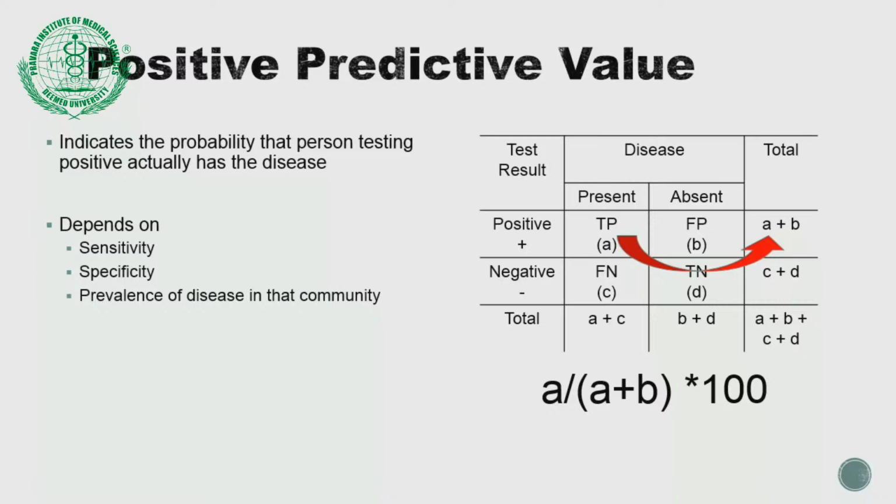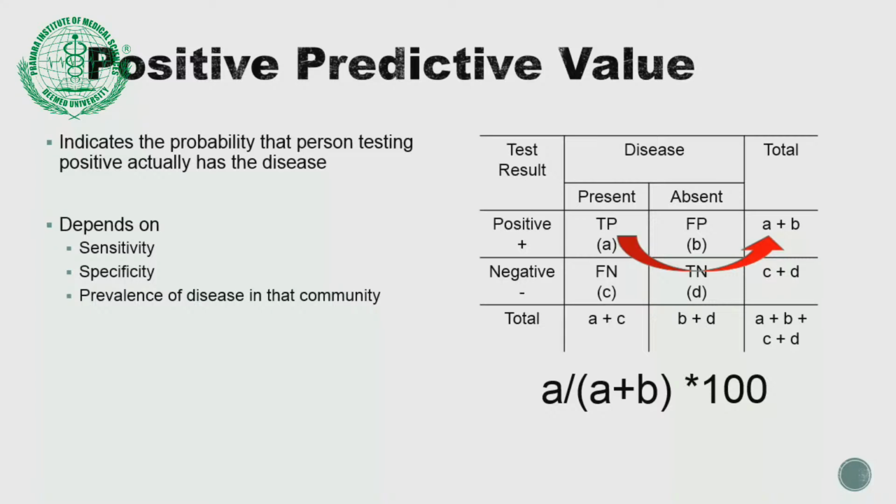Positive predictive value indicates the probability that a person who has tested positive actually has the disease. Just like sensitivity and specificity, where we considered the columns of the 2 by 2 table, for predictive values we will use the rows while computing the formula.